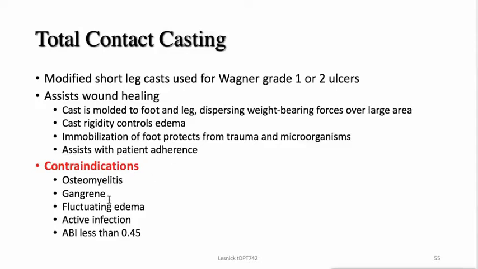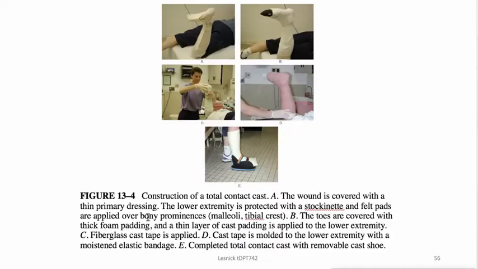Contraindications: osteomyelitis, gangrene, fluctuating edema, active infection, or ABI, the ankle brachial index, of less than 0.45. So this is a picture of a total contact cast being formed.